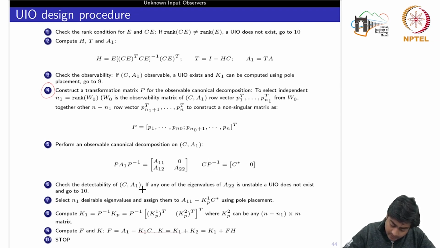So checking the detectability, if A22 is unstable, then again the UIO does not exist and we can stop the algorithm. So depending on how many states are observable, we can assign the desired eigenvalues, and the rest would stay as it is. So again we can compute the F and K matrices, which would finally yield us the unknown input observer. Okay.